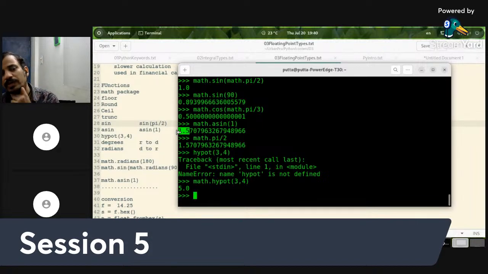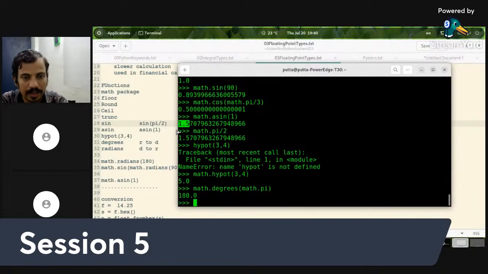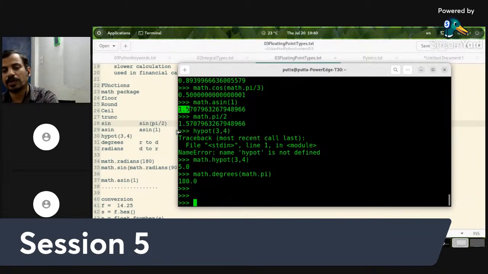Then we have functions for converting degrees to radians and radians to degrees. So let's see the degrees function, math.degrees of math.pi. Okay, so what did you observe?